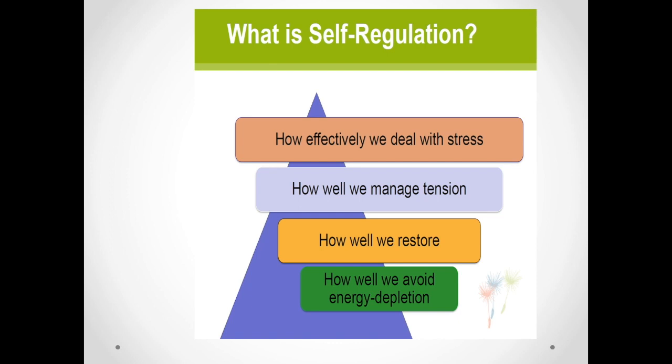When you begin to pay attention to your daily stressors or tension and energy levels and make subtle changes to your activities to avoid energy depletion, you are now effectively using self-regulation. This requires a constant, conscious effort called mindfulness. This takes practice to achieve, and each day you engage in being mindful, you get better and better.